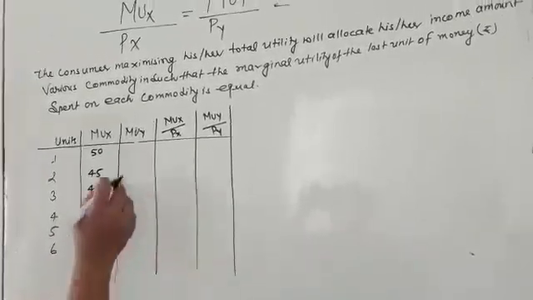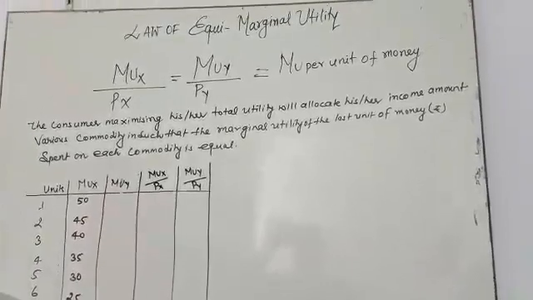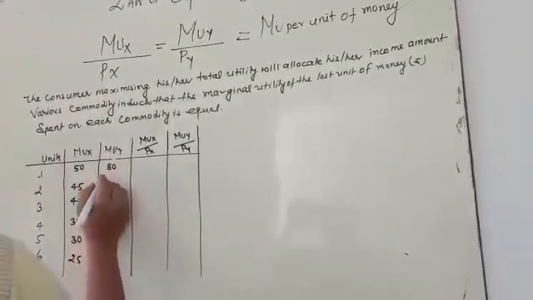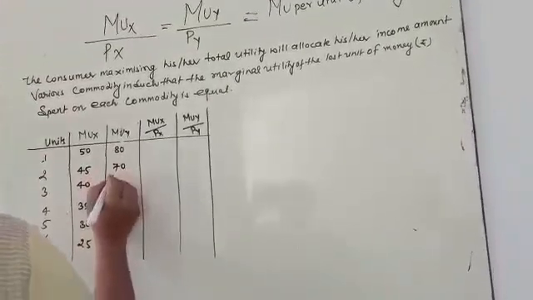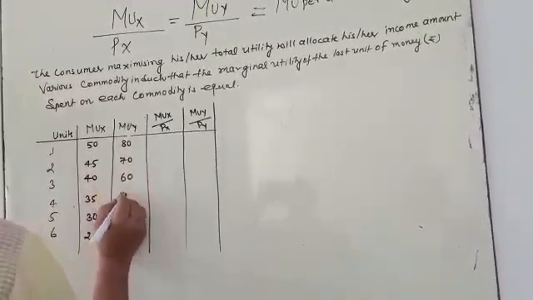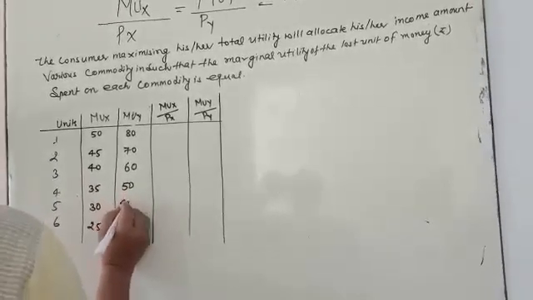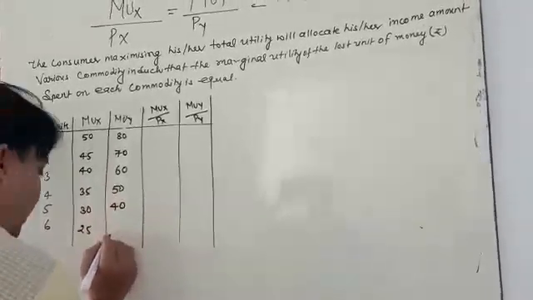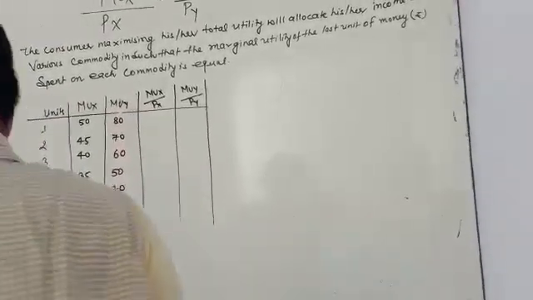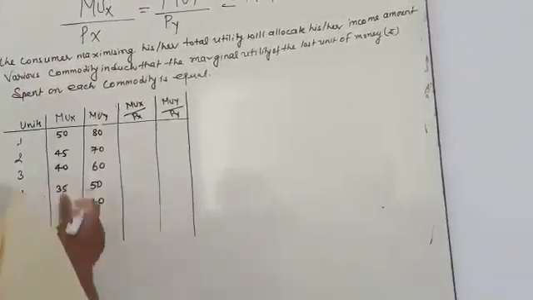Another, MUY, I am going to take 80, 70, 60, 50, 40 and 30. Simple. You are going to find out MUX upon PX.